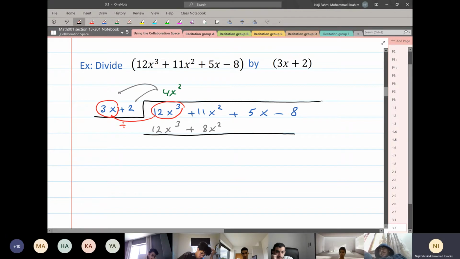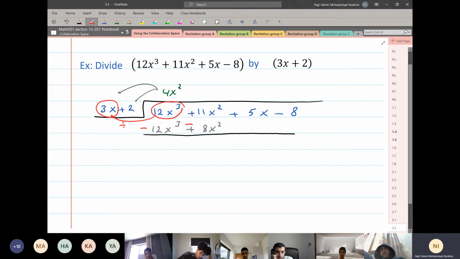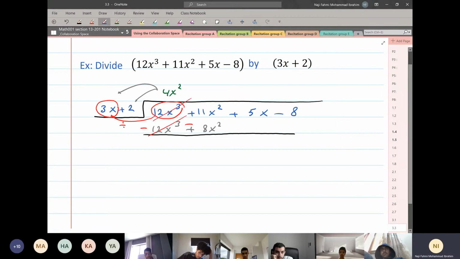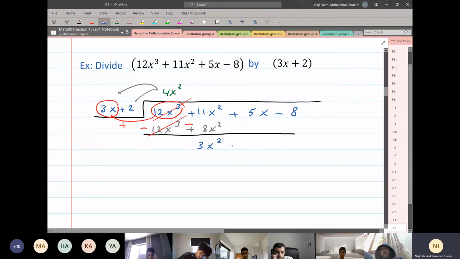Now what should I do next? I have to subtract. Subtract means change the signs. These will cancel. Now we have 11x squared minus 8x squared is 3x squared, plus 5x minus 8. Now our next step is to do what?